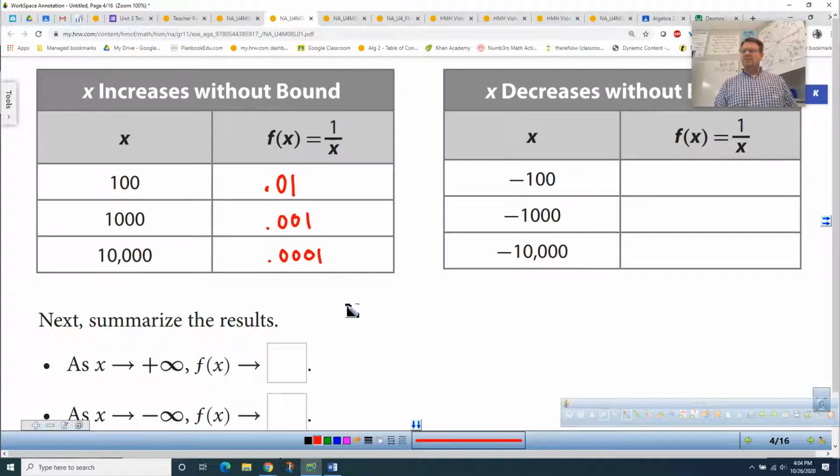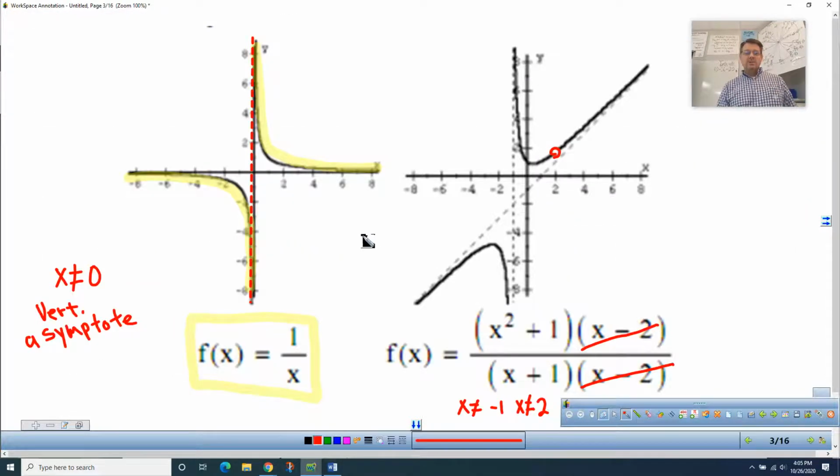Okay, so the higher my x value gets, the smaller my y value is. Will my y ever make it to 0 though? Nope, sure won't. My y will never ever make it to 0. Okay, so you see here, as this thing gets closer and closer to y equals 0, it kind of stalls out, doesn't it? And that's kind of where the horizontal thing is coming from.